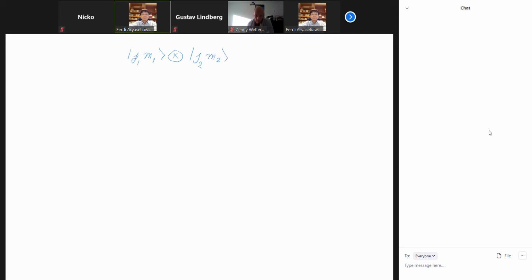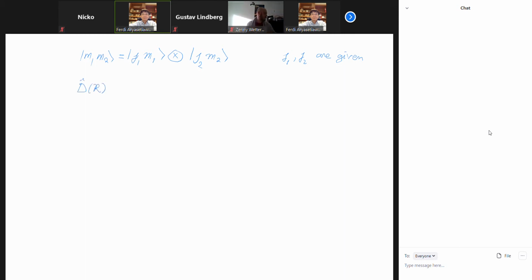So let's call this state J2 M2 like this, because J1 and J2 are given. We have then the rotation operators. As you know, the angular momentum operators are generators of rotation. So usually we call it D here.